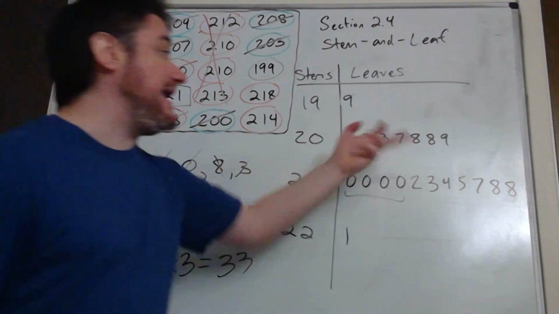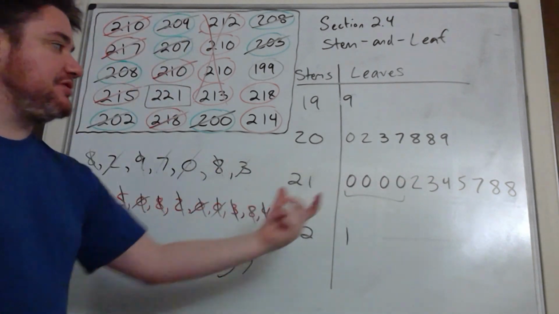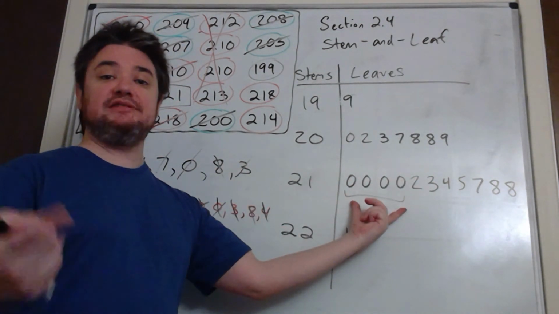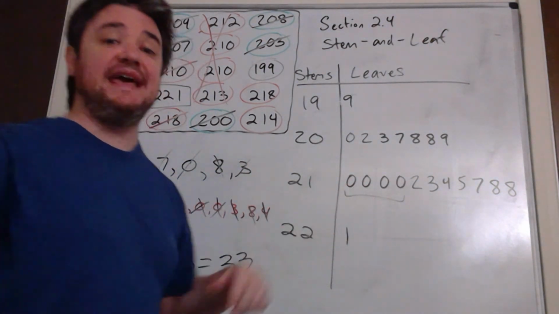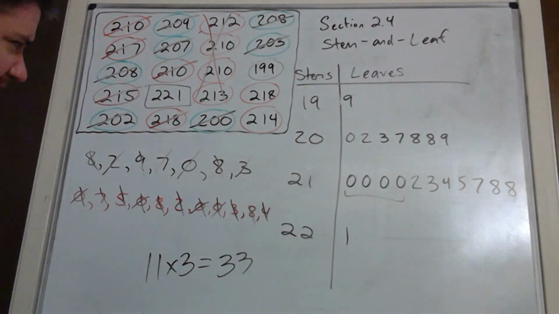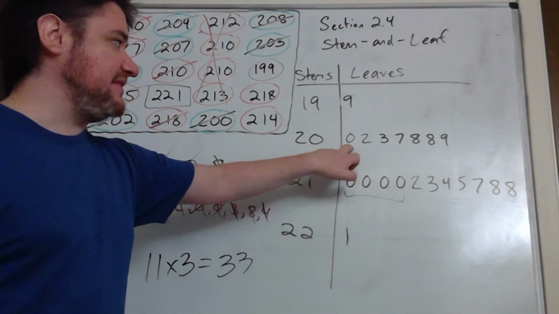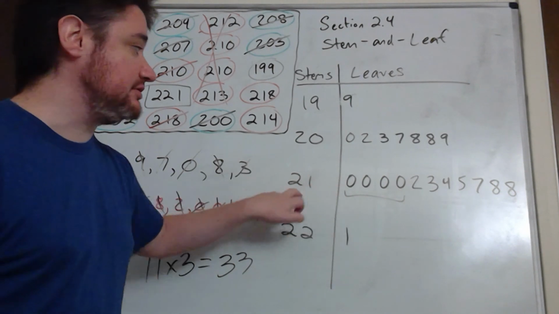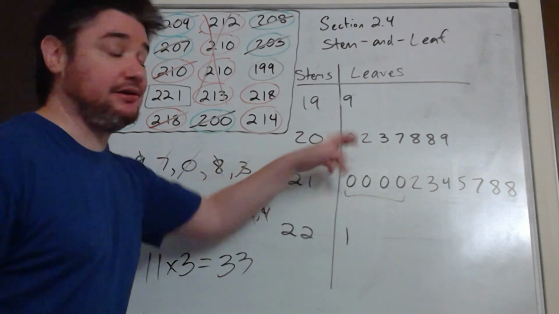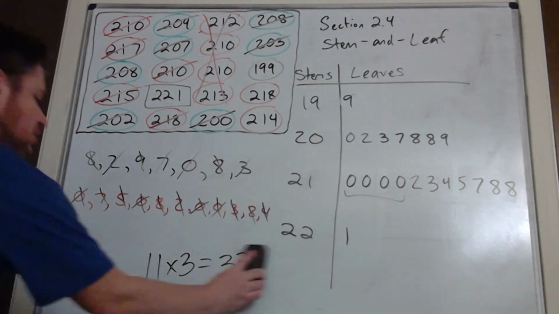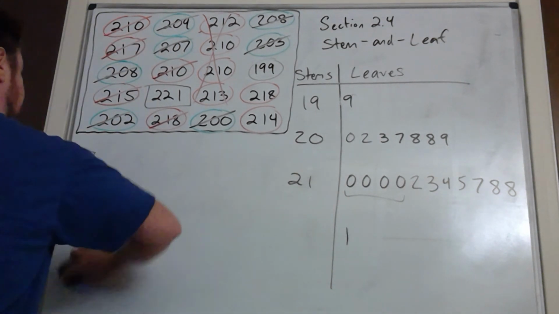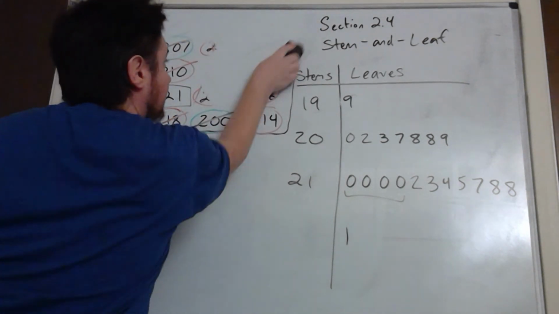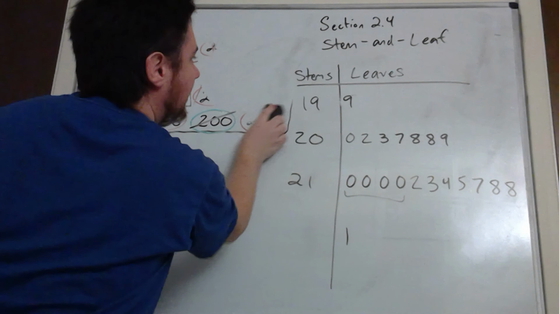Above the number 208, you'd see only 2 dots. So here, the frequency that a digit appears tells you how frequent that piece of data was. And this 0 means something different than that 0, because this is 210 and this is 200. Okay, so that is how we create a stem and leaf diagram.